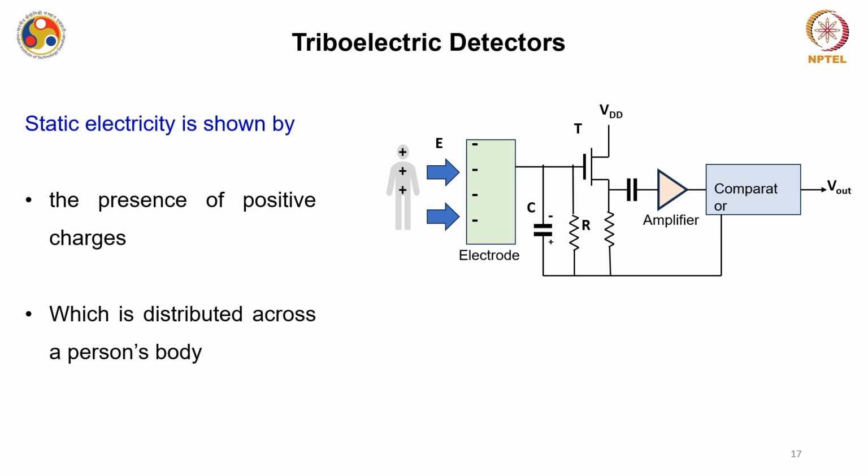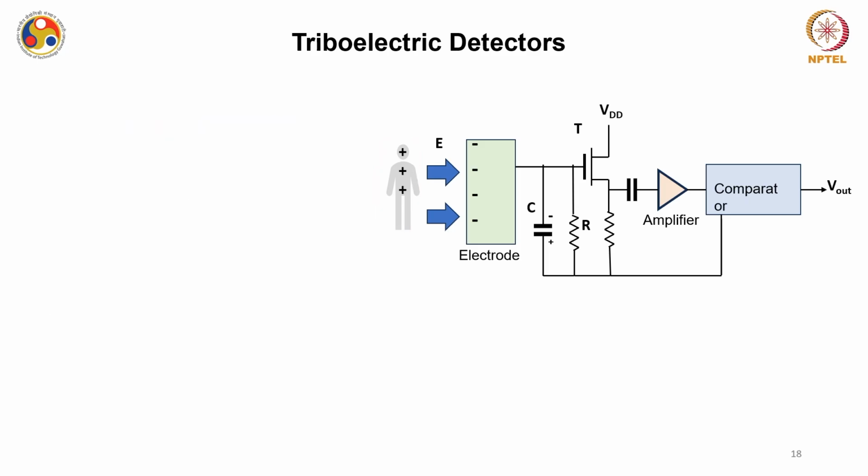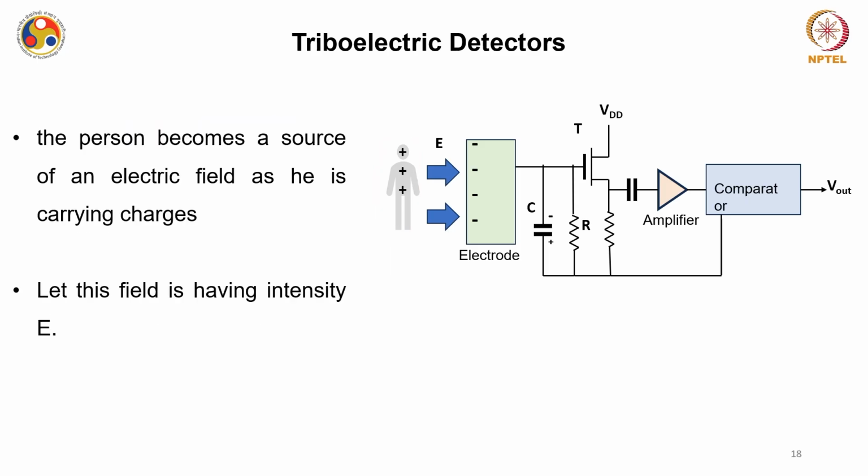The static electricity is shown by the presence of positive charges distributed across the person's body. So the person is carrying some static electricity, shown by this positive charge distribution on the body. Now the person becomes a source of an electric field as he carries this charge.